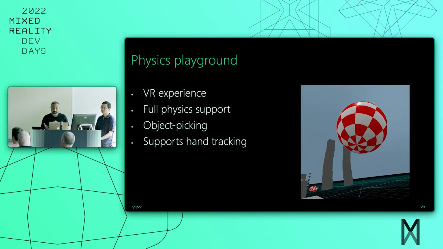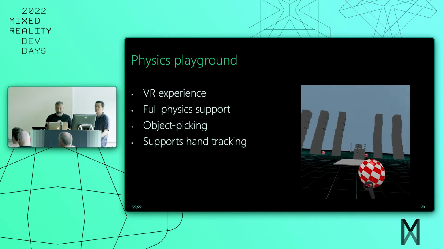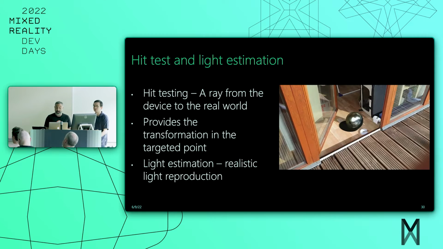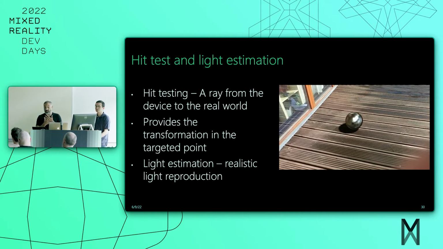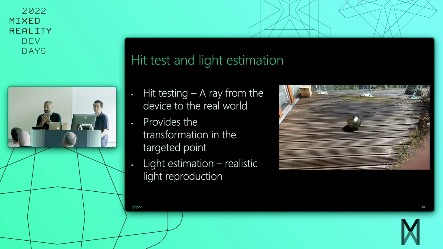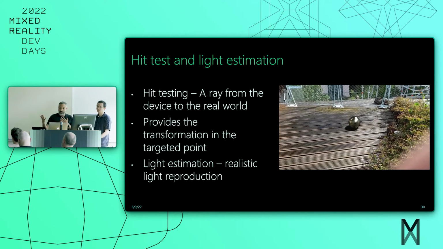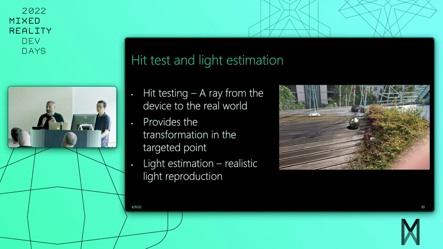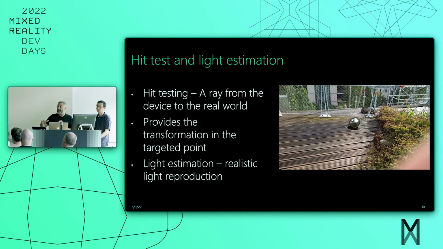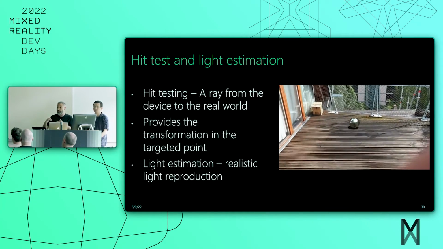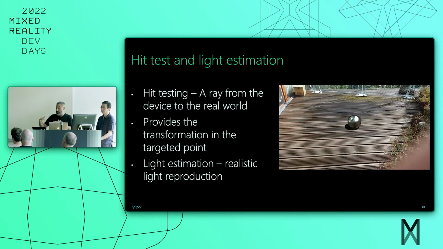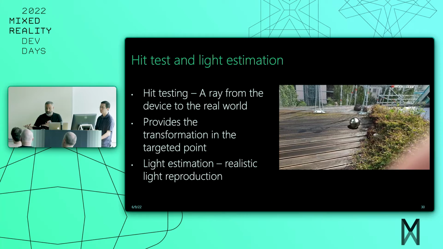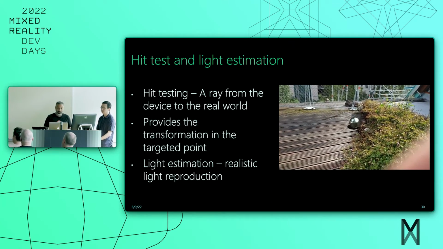An AR example, to talk a bit about hit test and light estimation. Think about hit testing as a ray coming from your device towards the plane the device is pointed at. The hit testing module provides a transformation point on this plane, which allows us to place an object on top of this plane and make it as realistic as possible, in the correct place with the correct transformation.